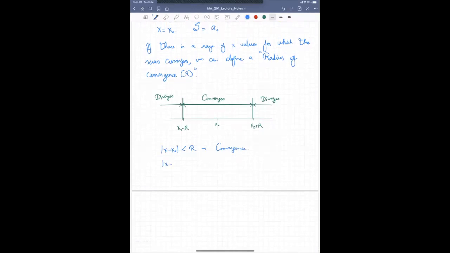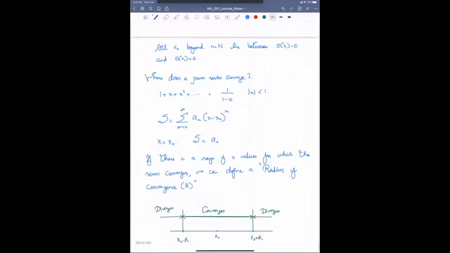And obviously, if modulus of x minus x0 is greater than R, the series diverges. So in this particular example, we have that for x less than 1, between 0 and 1, the series will converge. But for x greater than 1, the series will diverge.